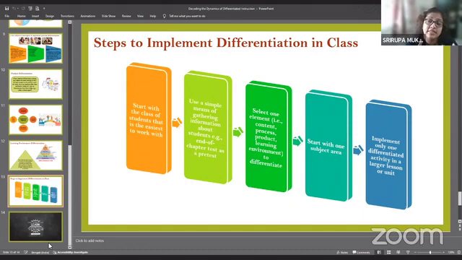Of course, differentiating the learning environment is something that we should do all the time. But whether it comes to content or process or product, it has to be taken one at a time. Next step is to start with one subject area.